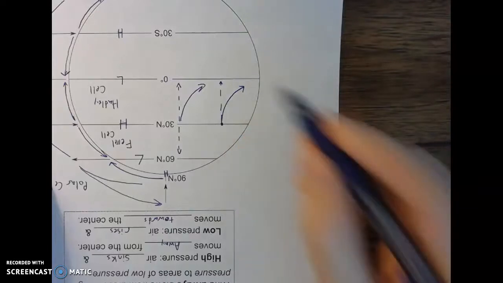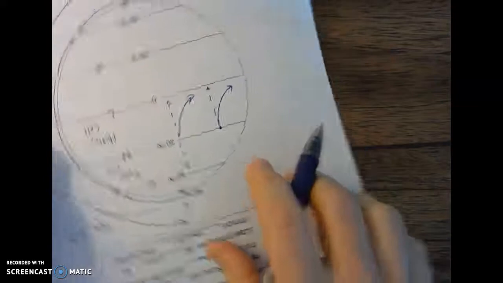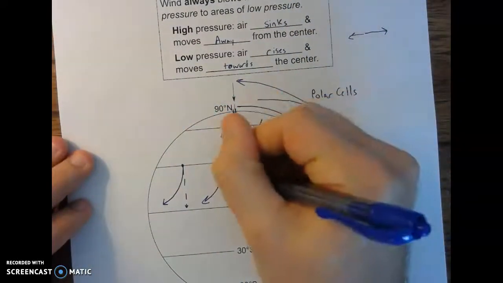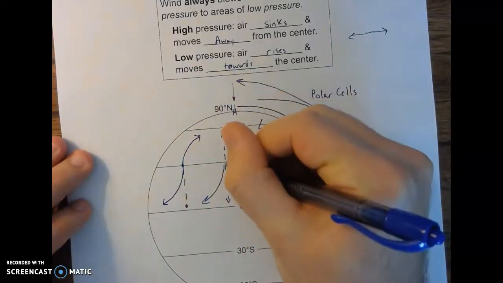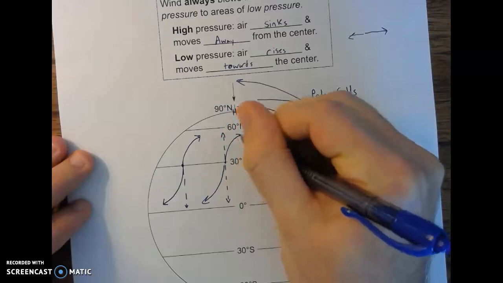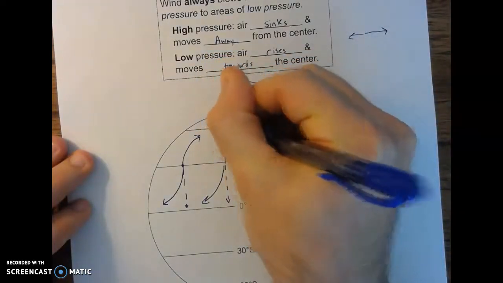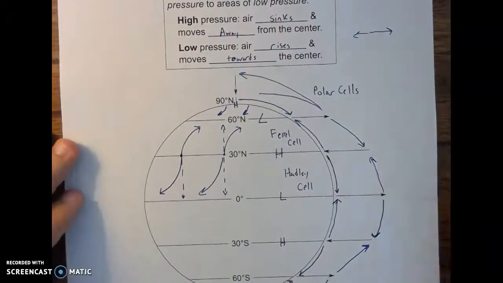So in the northern hemisphere, winds will curve or deflect to the right due to the Coriolis effect. Same thing happens between 30 north and 60 north. The curve to the right there is much more easily seen. Same thing happens at the poles. So those winds are also curving towards the right there.